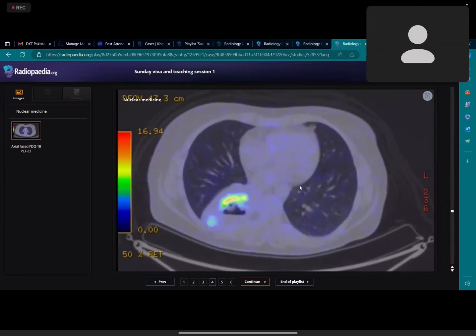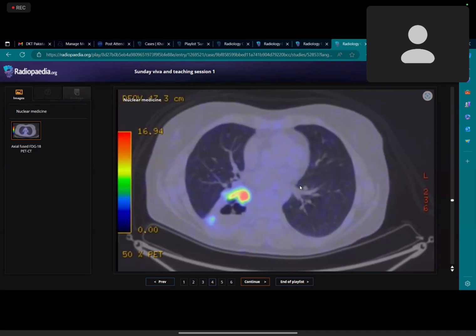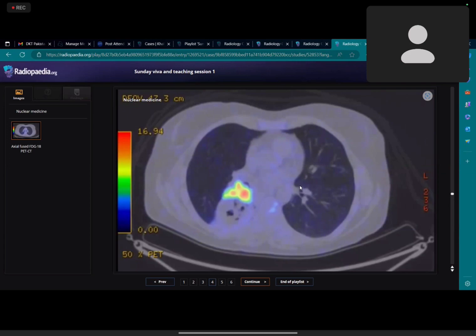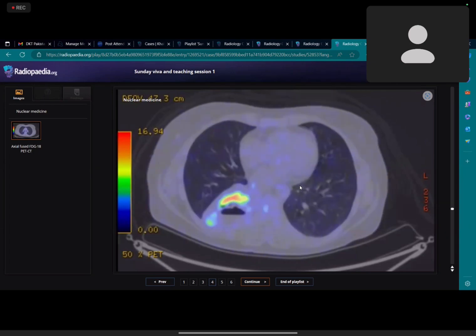I'm provided with PET CT fused images of the same patient, and I see increased uptake in the previously mentioned lesion on the CT scan, confirming my diagnosis that it's a mass lesion, which is hilar in location with an associated cavitary lesion. The uptake on the posterior aspect of the cavitary lesion is likely reactive.